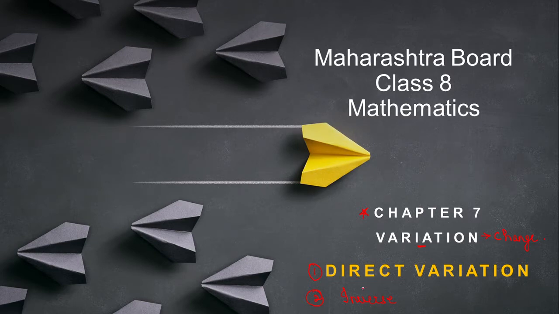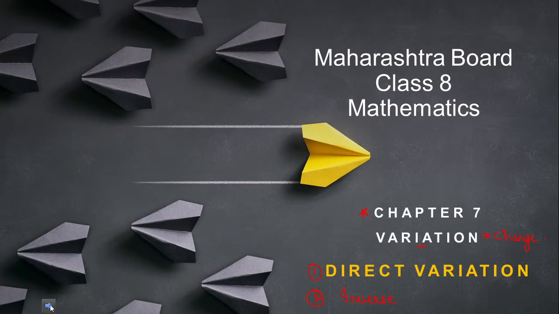Now what is inverse? You hit him, but in return he says thank you. That is inverse variation. He is giving a reverse reaction, an inverted reaction, so it is termed an inverse variation. In today's session we are going to be concerned with the direct variation.